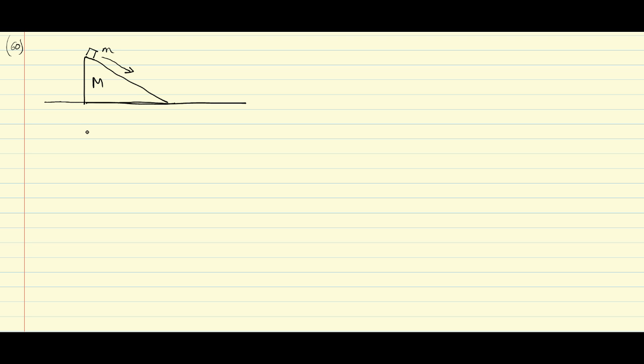and because on the system there is no net force in the rightward or in the leftward direction, that is the external force I'm talking about on the system in the horizontal direction is equal to 0.